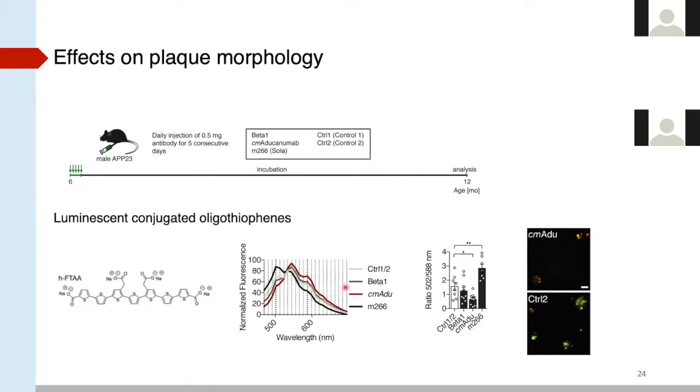This becomes more pronounced when we calculate the ratio between these two emission peaks, 502 and 588. Here you can see that both ADO and M266 shifted the spectral signature significantly. So it seems that ADO treatment is shifting the spectrum more to diffuse and M266 to more dense plaques.